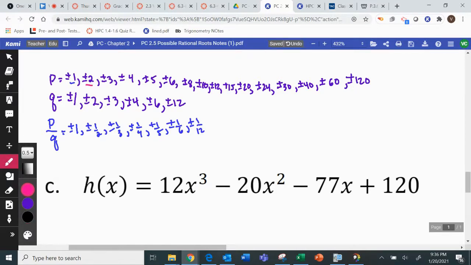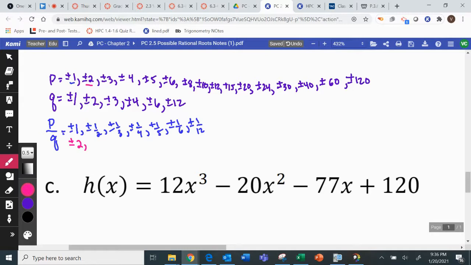Then I'm going to start my 2's. 2 over 1, which is 2. Then 2 over 2, but that is already 1, and we've already listed it. So we're not going to repeat any that reduce to something we already have.